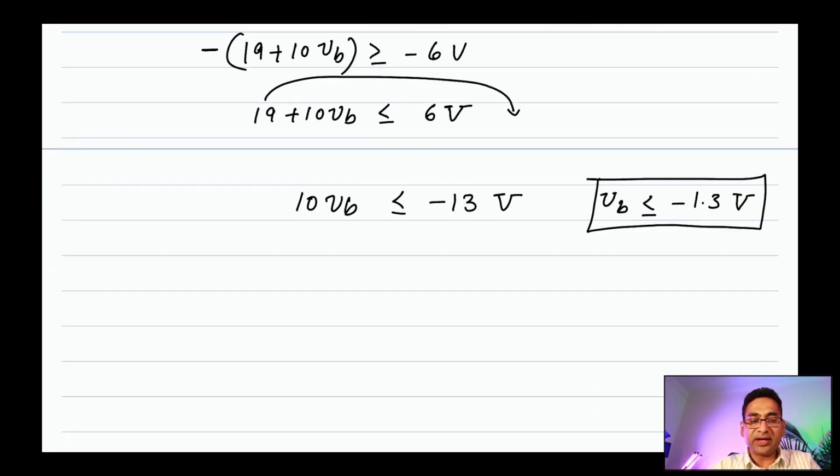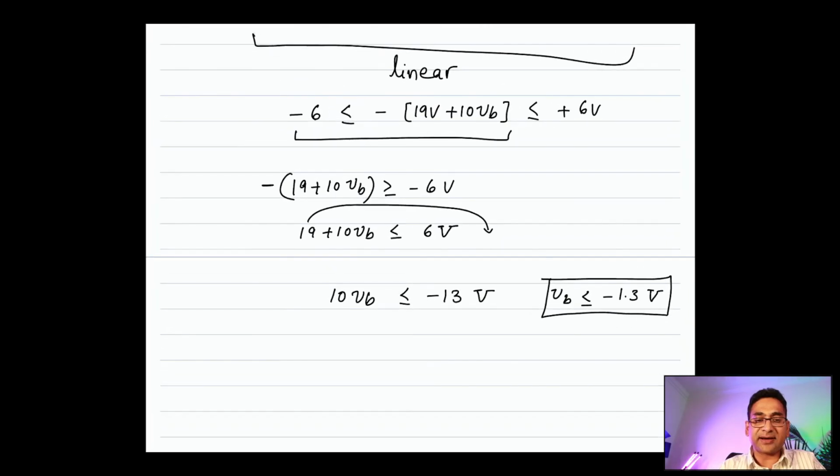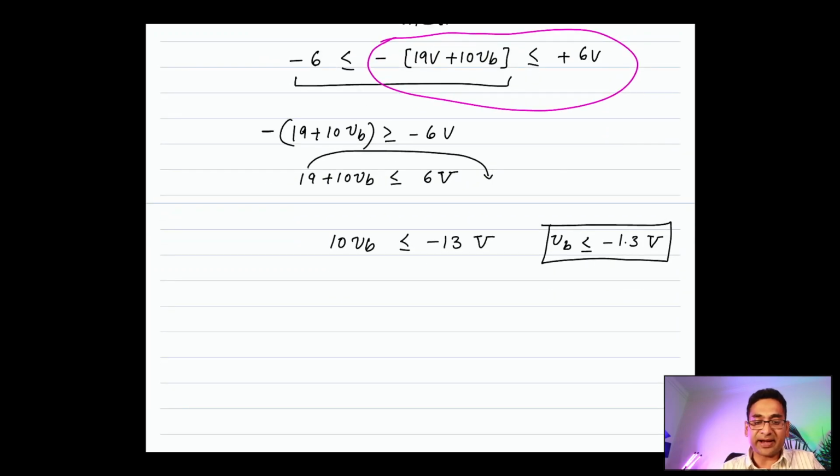Okay, that's one side of the range for VB. Now the other expression is something that we can get from here. Let me write it down: negative 19 volts plus 10 VB should be less than or equals to plus 6 volts.